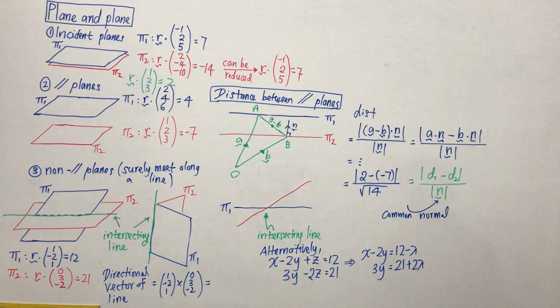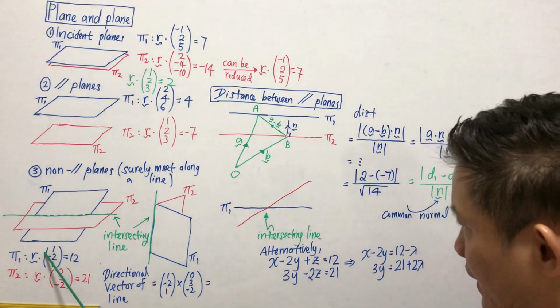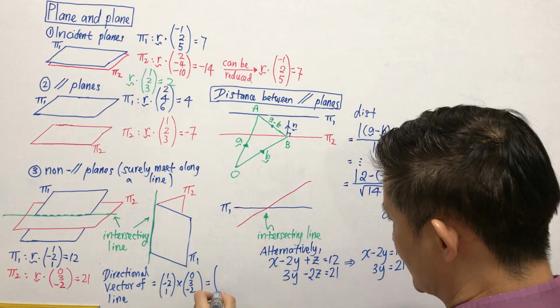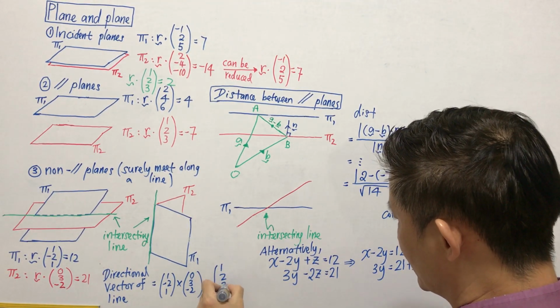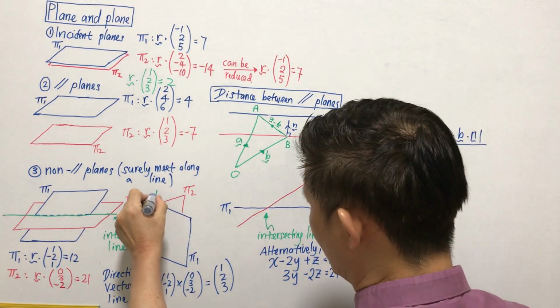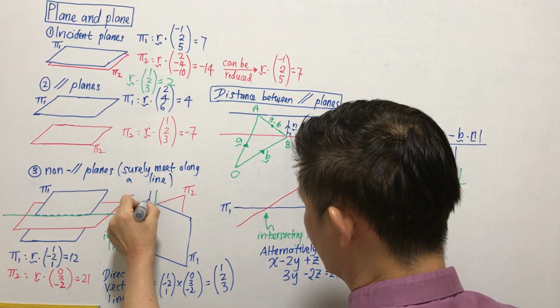For the first approach, looking at this diagram, I can capitalize on the fact that if I cross product these two vectors, like this, I can immediately get a vector. In this case, if I cross product, I get (1, 2, 3). And this vector (1, 2, 3) will be parallel to the intended line over here.